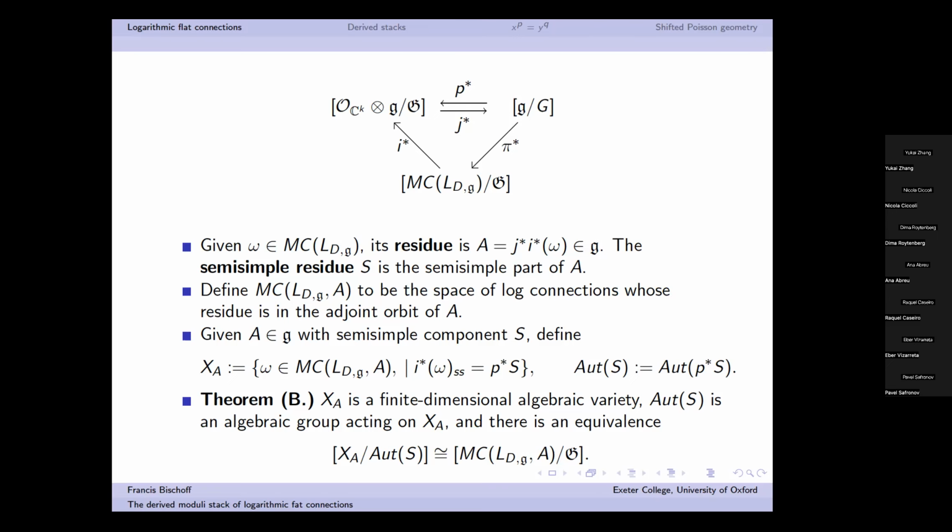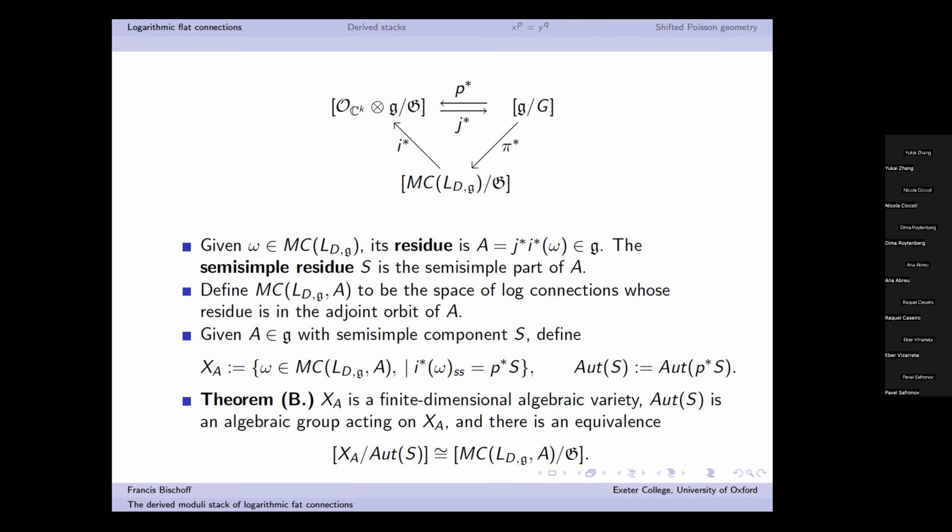The first space, XA, is defined to be the logarithmic connections such that when I pull back by I and then extract the semi-simple part, it's equal to P star of S on the nose. Extracting the semi-simple part is something that you can do with these connections, and I'm not going to tell you what it means. I don't have time, so that's something you have to accept.